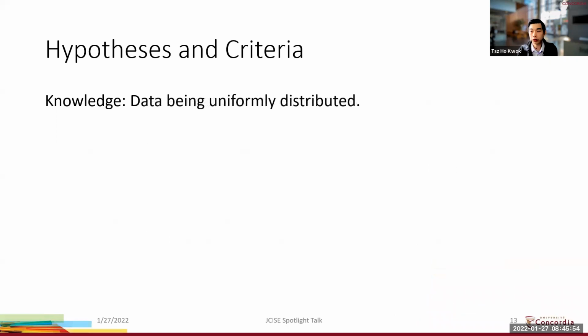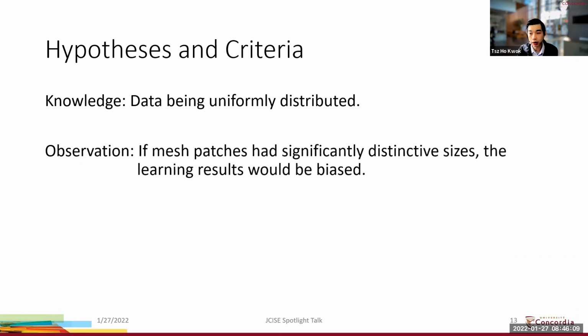Finally, the fourth hypothesis comes from the knowledge that normally we want to obtain the data as uniformly and sparsely distributed as possible. So the data should be uniformly distributed. Back to our problem, if the mesh patches have significantly different sizes, the learning result will be biased, meaning that if some parts have more vertices and some parts have fewer, then the learning result will be biased.